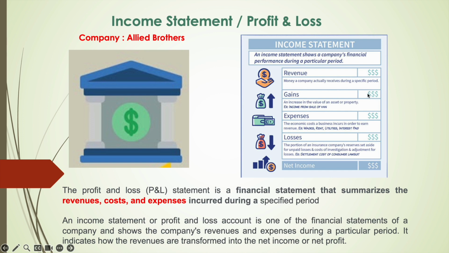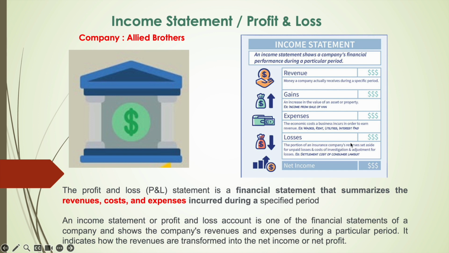The cost of goods sold represents the direct costs incurred by a company in producing or purchasing the goods sold during the reporting period. Gross profit is calculated by subtracting the cost of goods sold from total revenue. It represents the profit generated by a company's core business activities before deducting operating expenses.